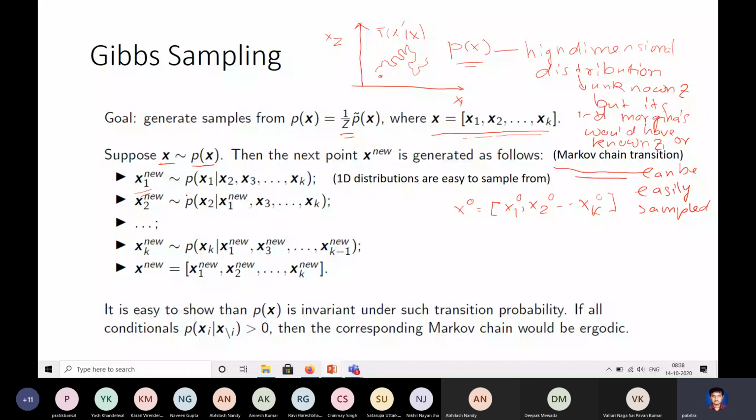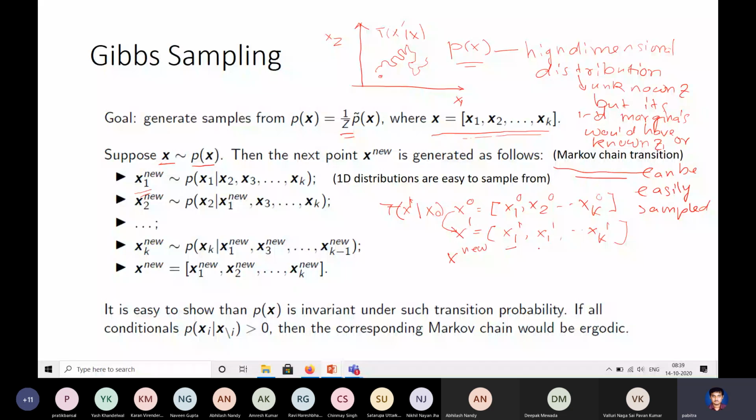Suppose I want to generate x1 from x0. My transition probability T of x1 given x0 will be how I generate x1 from x0. In order to generate x1, let me call it x new, I do one dimension at a time.